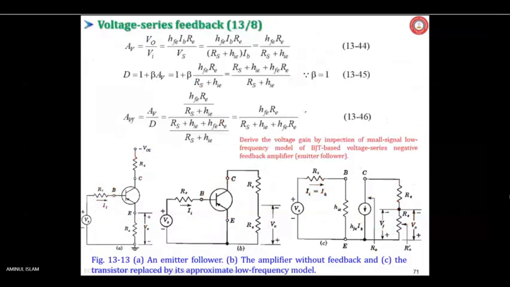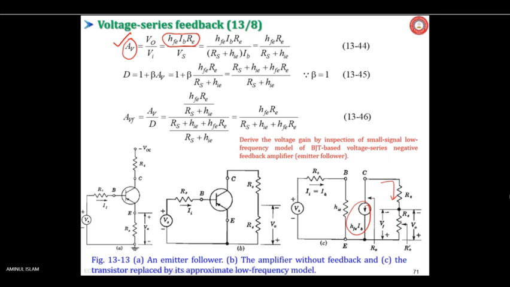Now we'll go ahead. So AV, the voltage gain without feedback, taking load resistance into account, of course. That's why it is written as AV, capital V. VO by VI, and VO is what? HFE IB, this is the current, and the current through this is just the opposite value, negative value.